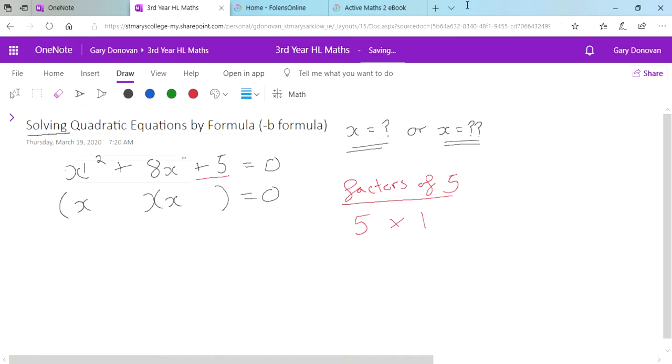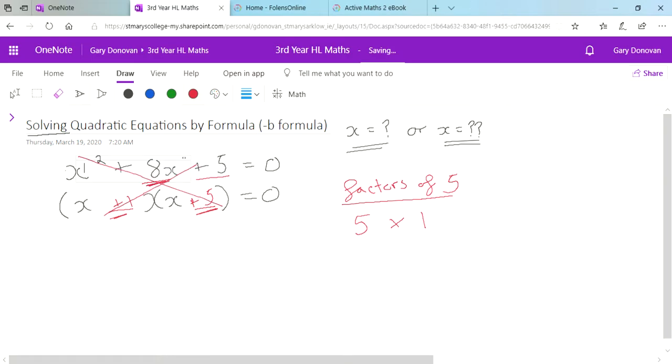And then what we had to do is pick whichever combination of this adds up to give us the coefficient of x and put them here and here. Now, looking at this, hopefully you'll see that there's no actual answer, because plus 5 and plus 1 will not add up to give me 8x. So that means that this is wrong.